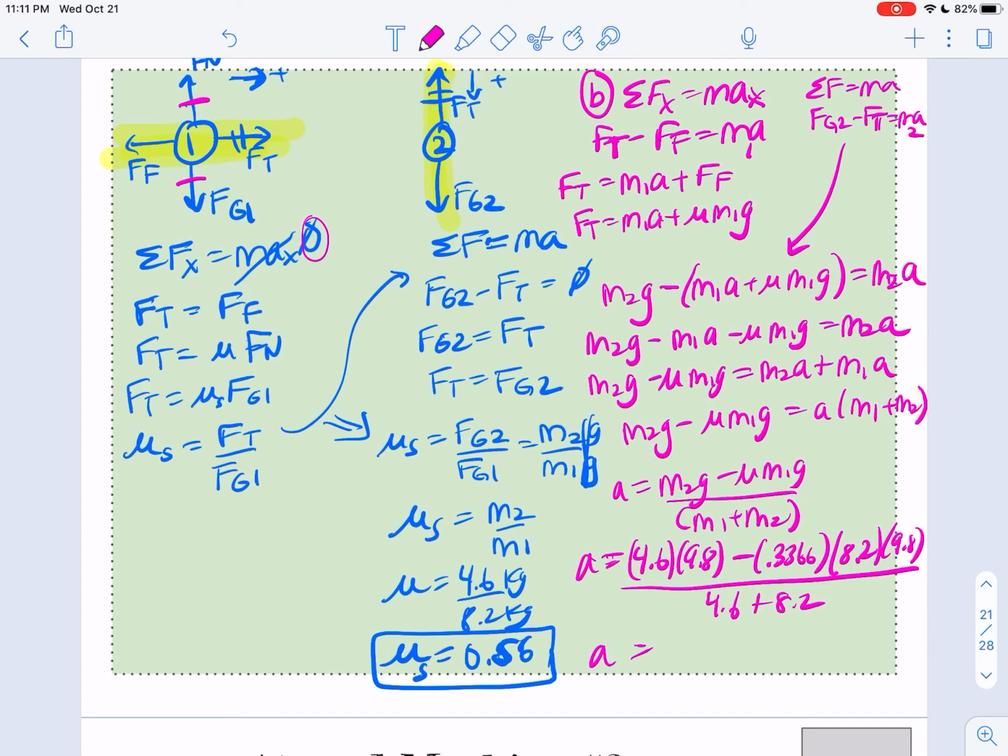Is this going to actually work? Divided by 4.6 plus 8.2, 1.41. That seems reasonable. We'll see when I do it in class tomorrow if I get the same thing. So that'll be the acceleration of the system.